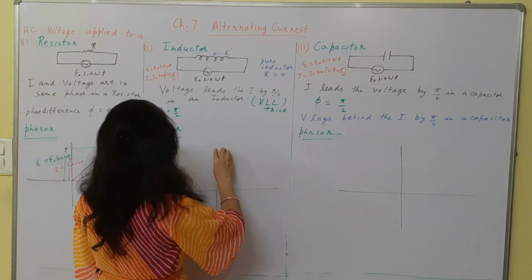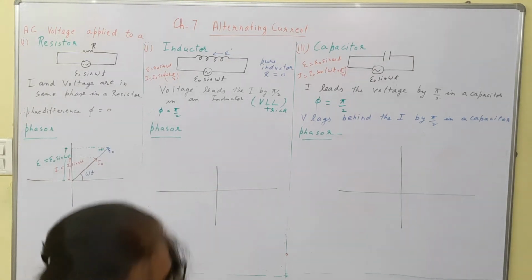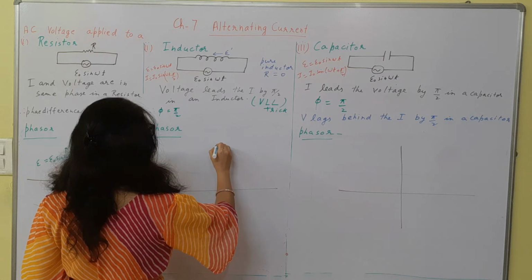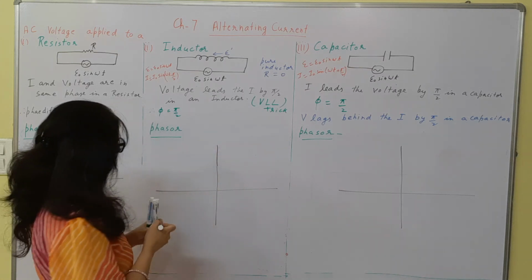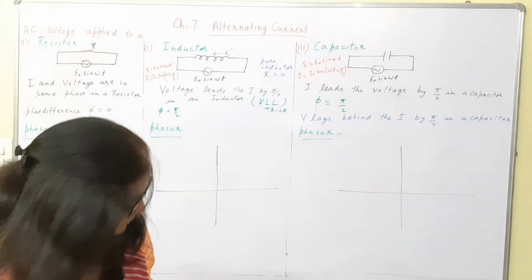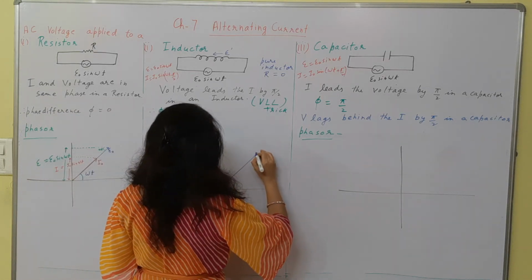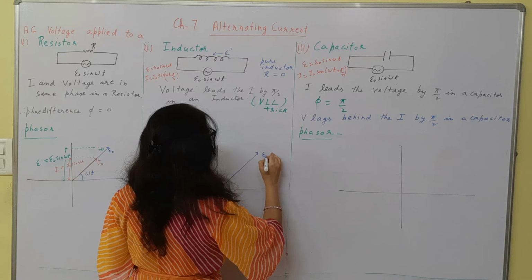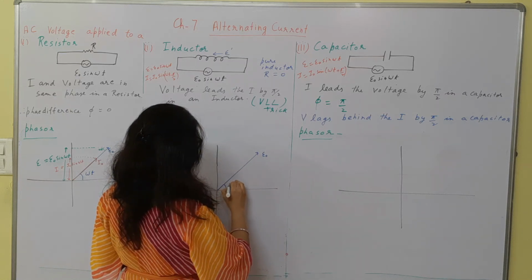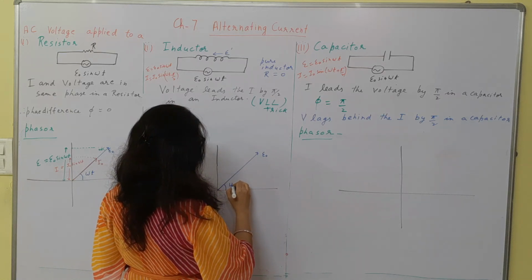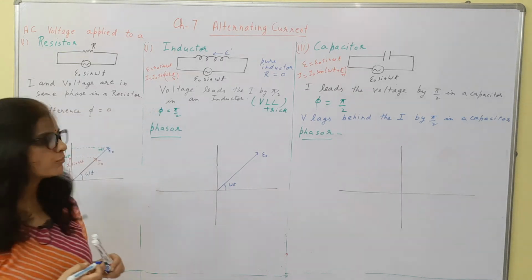Now in case of inductor, the voltage is supposed to be represented by this, because E naught sine omega t gives you the voltage at any point.